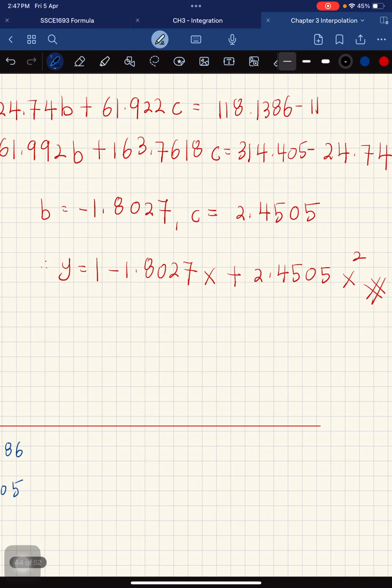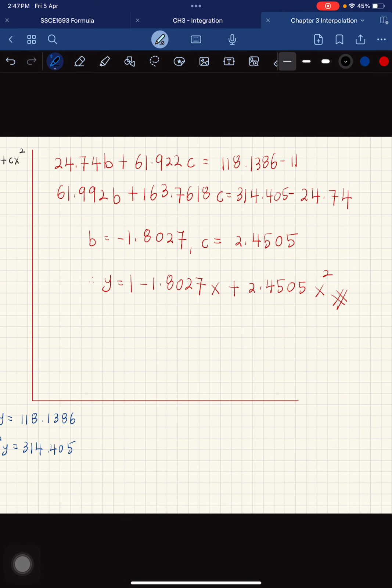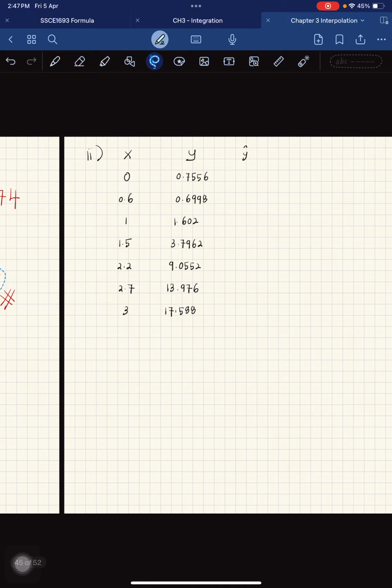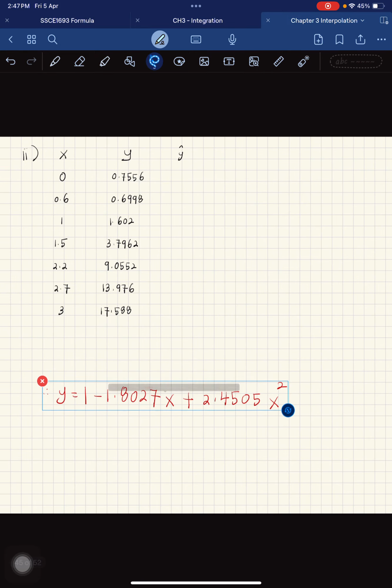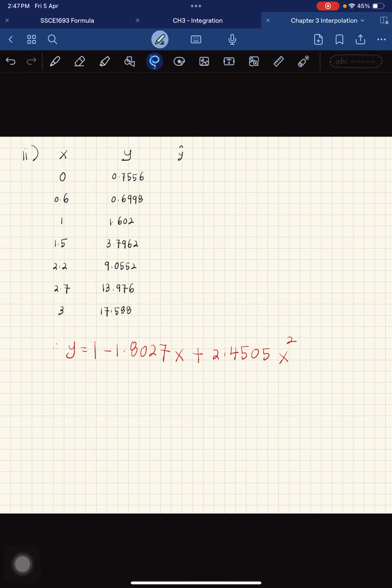So we have this formula, this equation. Substitute the value of x. So you will get 1.